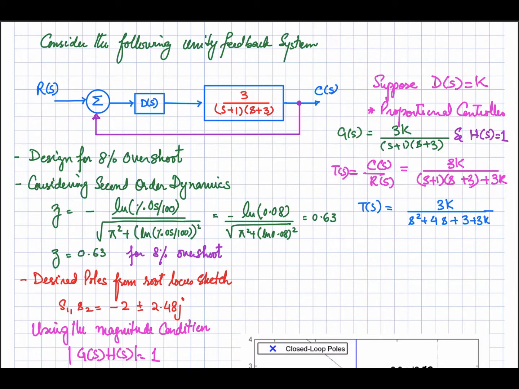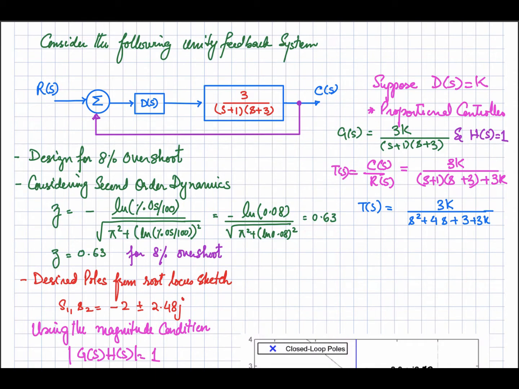For this, we can use the expression zeta is equal to minus log of percentage overshoot divided by the square root of pi square plus log of percentage overshoot squared. We are designing for 8% overshoot, so we consider 0.08 here. If we simplify, zeta will be equal to 0.63.